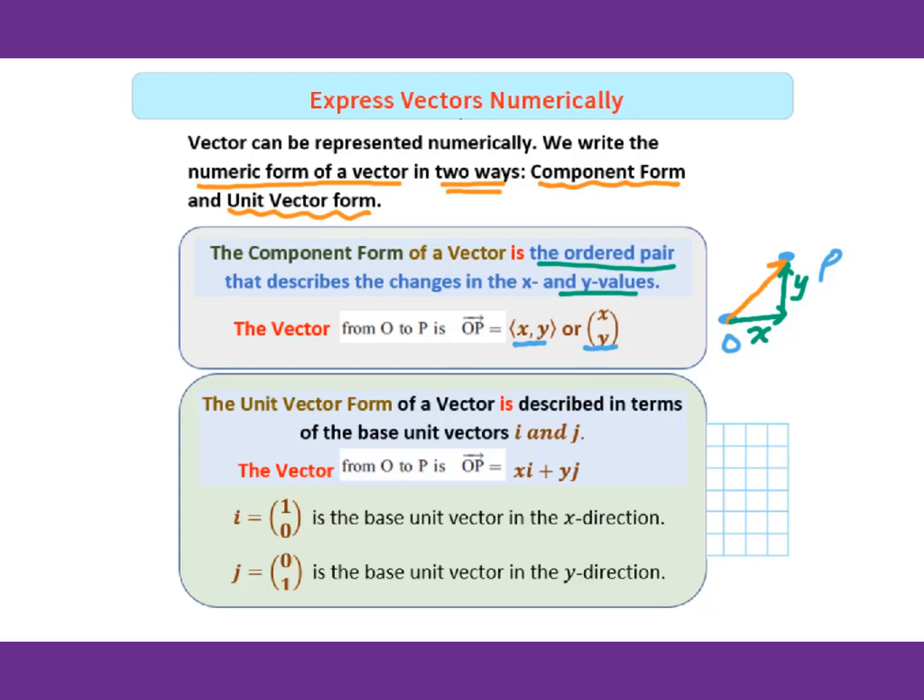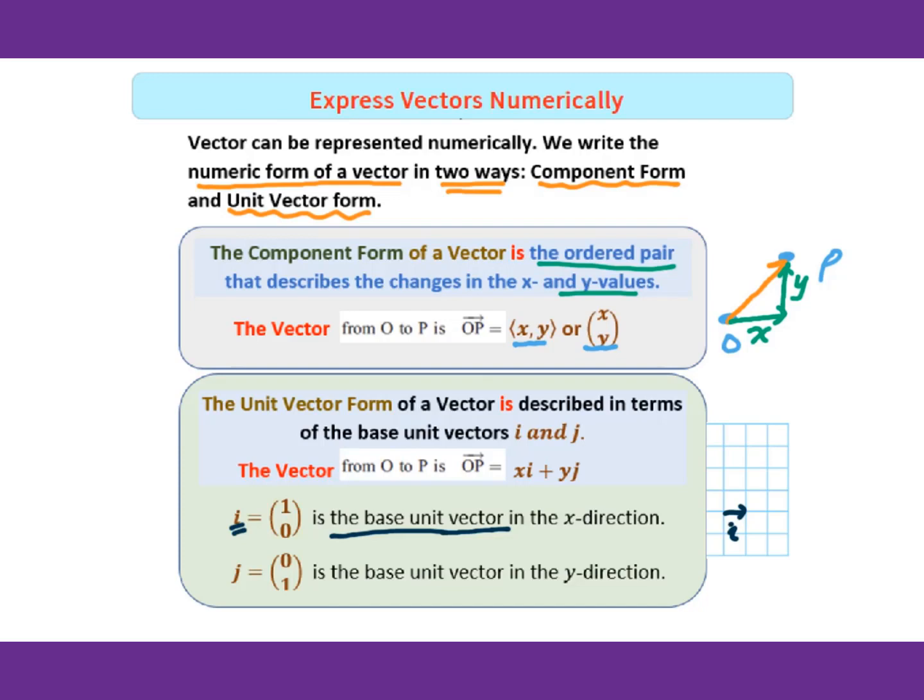The unit vector form of a vector is described in terms of the base unit vectors i and j. i we call the base unit vector in the x direction, which means on this coordinate plane we have one unit to the right, we call this i.